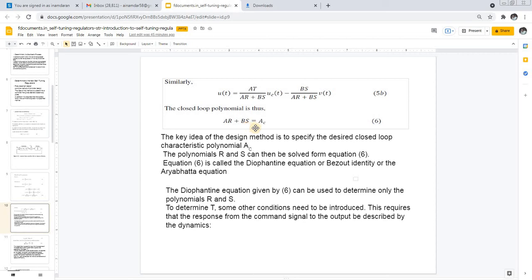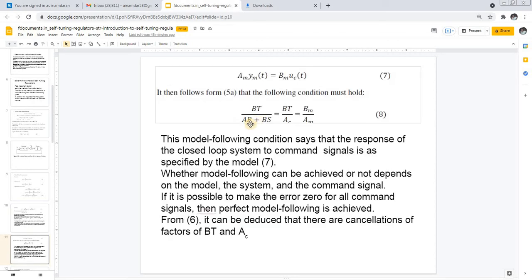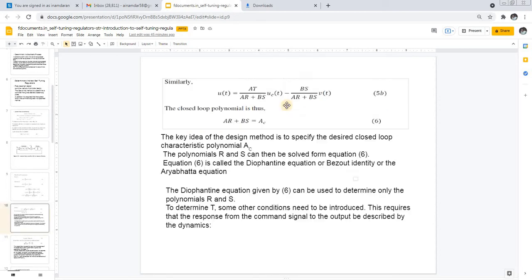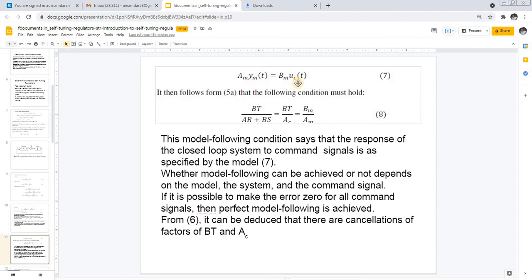In order to find the t, other conditions must be applied, as I said earlier. So we will require that the response from the command signal uc of t to the output be described by these dynamics.